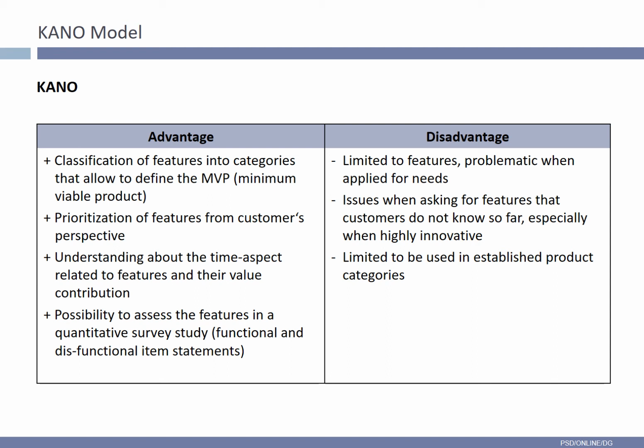So this rather works for established product categories, where you think about adding certain features and want to get a better picture of what features are mandatory and what features are causing delight. It is definitely limited to established product categories and cannot really be applied to more radical innovations, because customers don't really know what your new radical innovation is about.